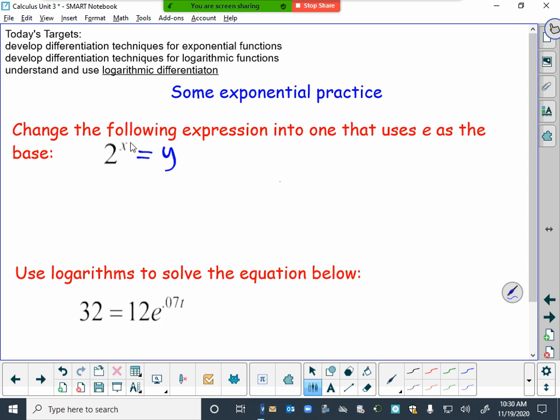The way that I solve an exponential function, when I have that variable in the exponent, the tool is logarithms, right? And I can choose any logarithm that I want. I'm going to choose natural log in this case. If I apply a natural log to both sides, I get x times the natural log of 2 is equal to the natural log of y.